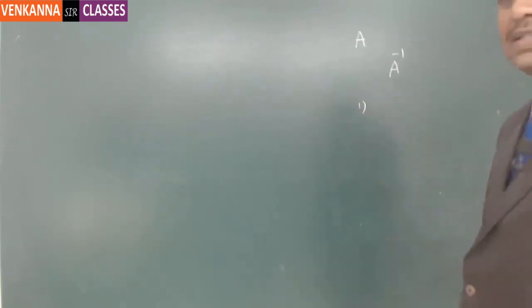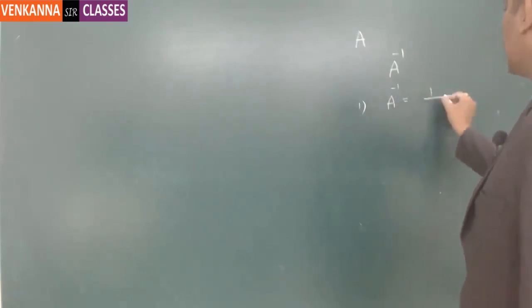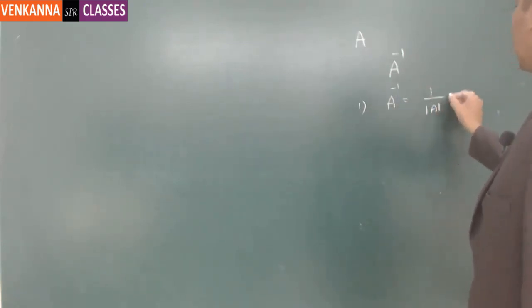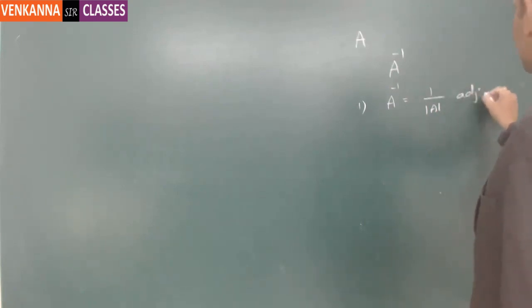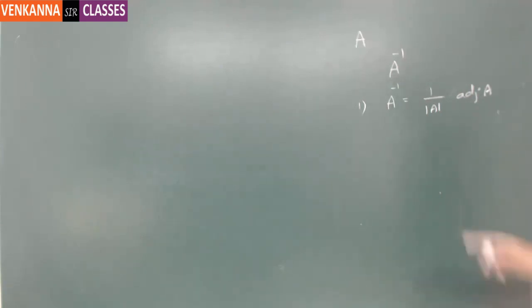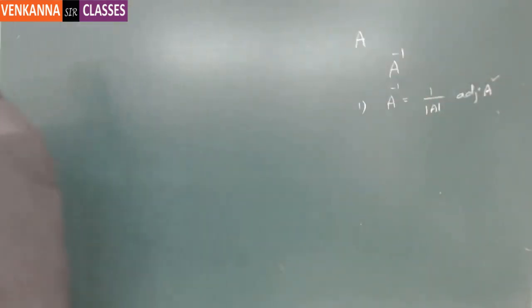One method defines A inverse as 1 by determinant of A into adjoint of A. I think you know how to calculate the adjoint of a matrix. Does anybody have any doubts regarding the calculation of adjoint? If anybody has, I will describe a small procedure.